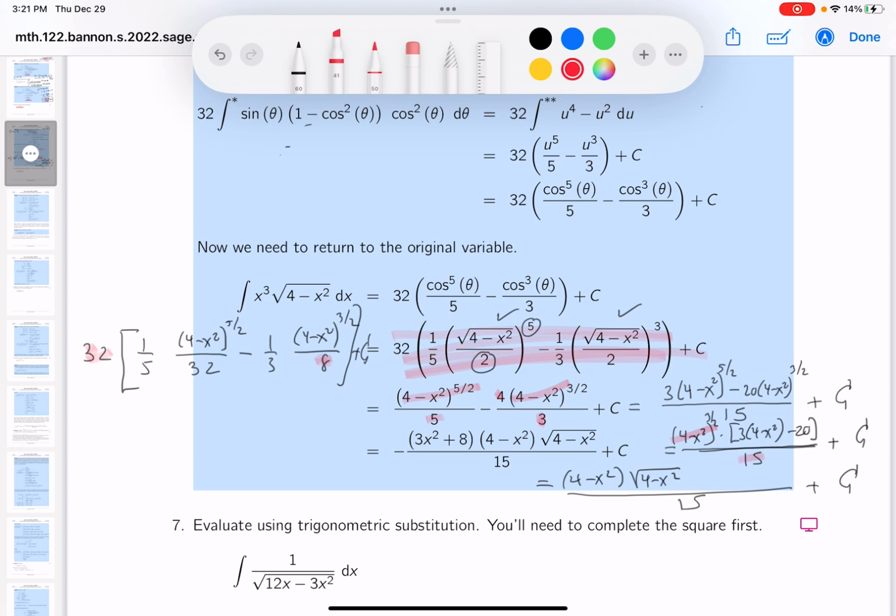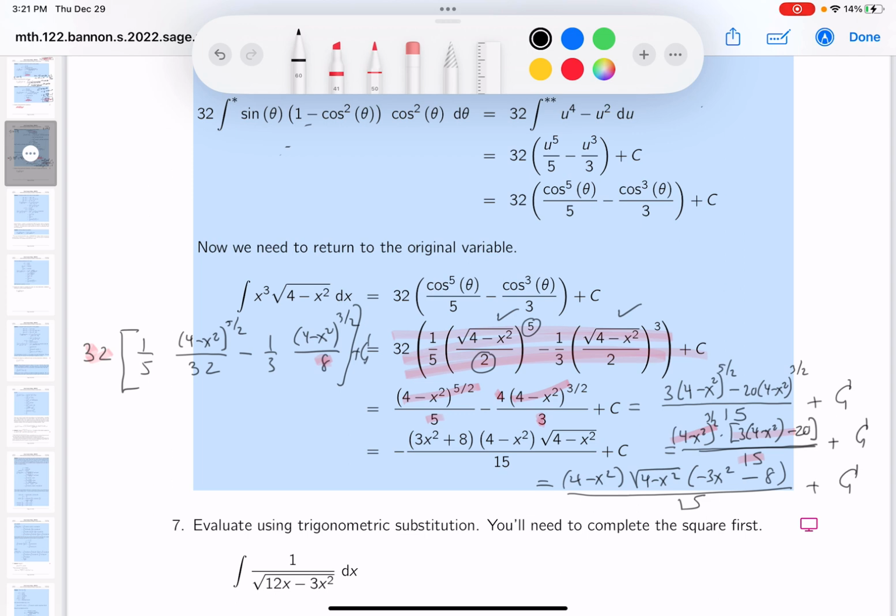And I'm going to do this now. All right, let's see if we can put that down. And what do you get there? You get 12 minus 20, which is minus 8. And then you get what? Minus 3x squared.